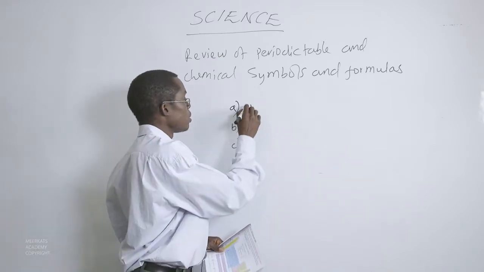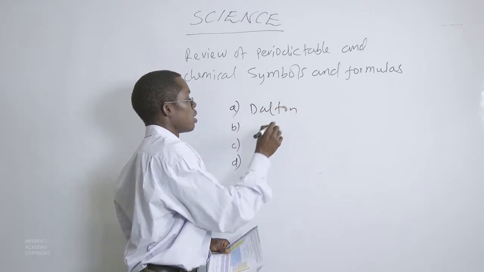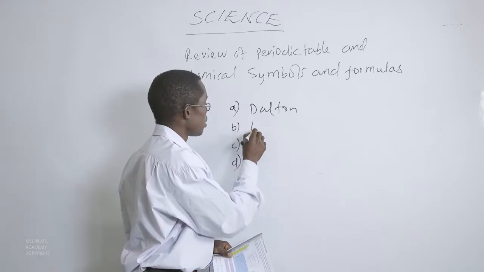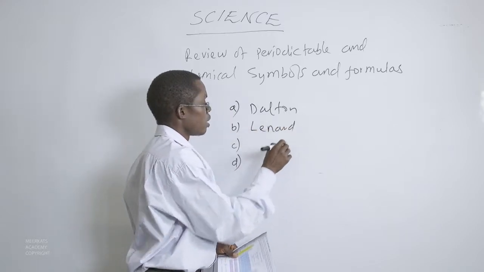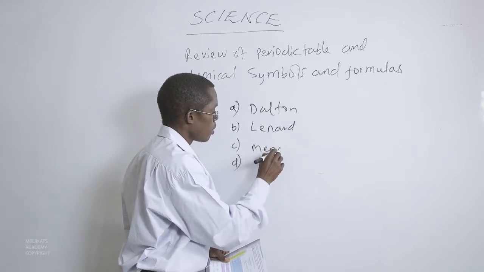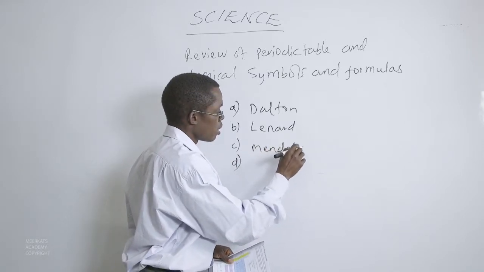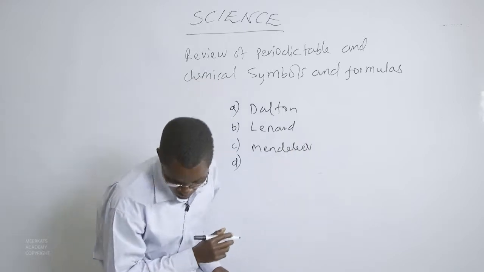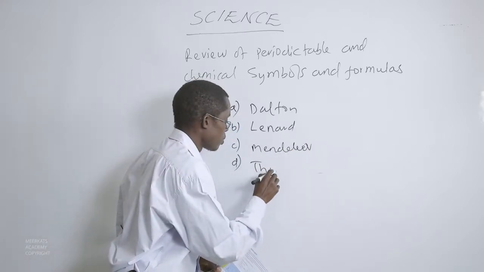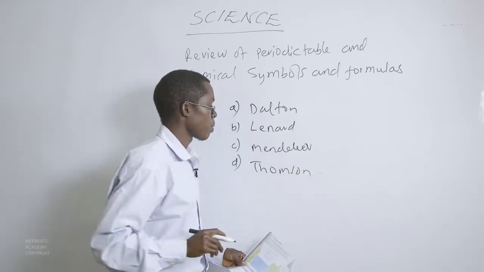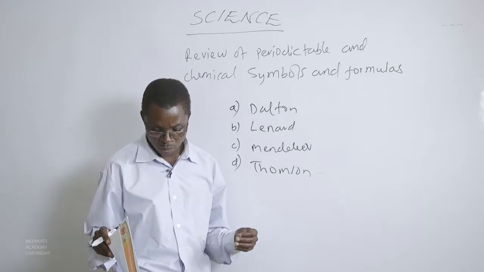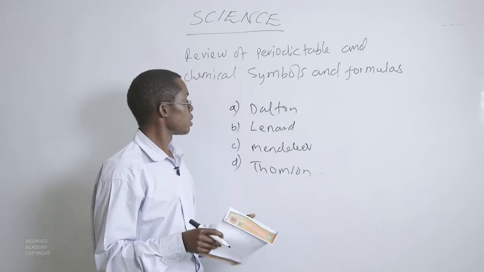Number one is Dalton. Number two is Leonard. Number three is Mendeleev. Then Thomson. So it's good to know some story about all of this.